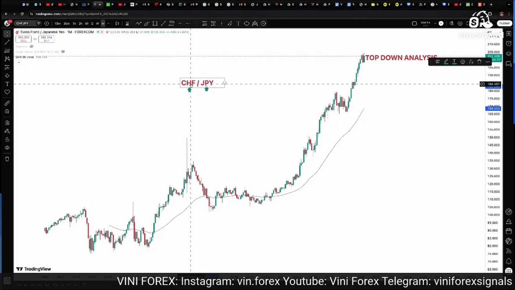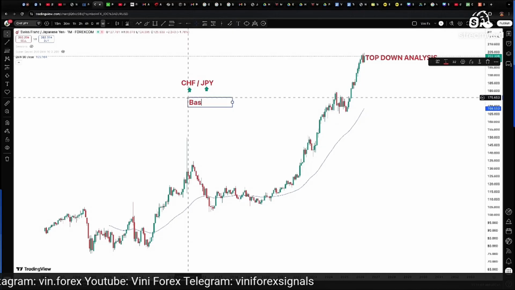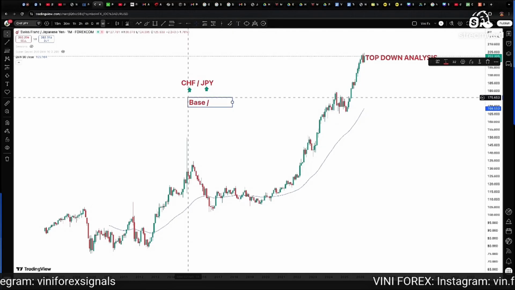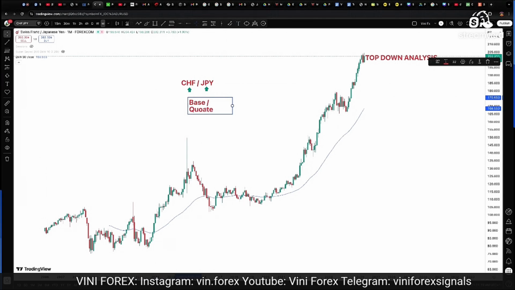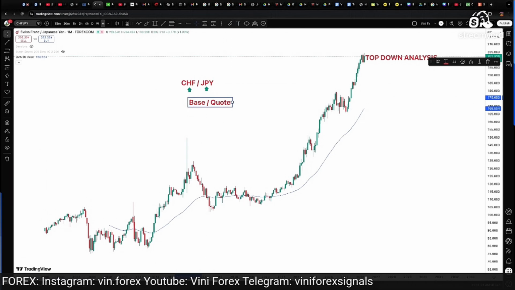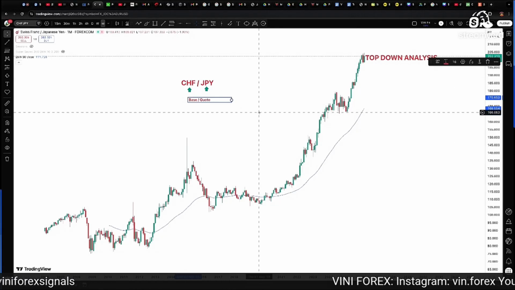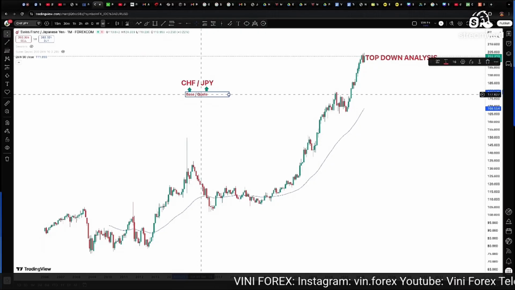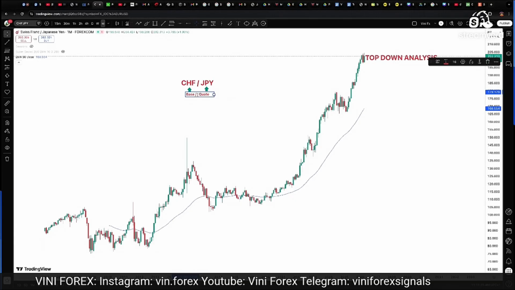This is the base, and this is the quote. I taught you all of this while you were starting out, and I hope you still remember what they mean. So this is the base currency, and this one is the quote currency.